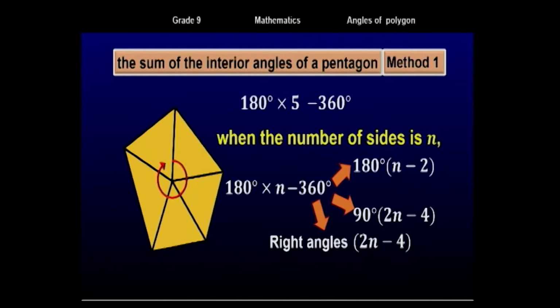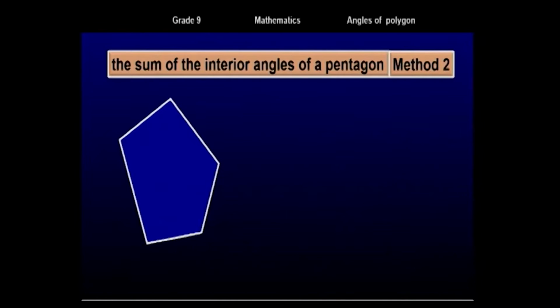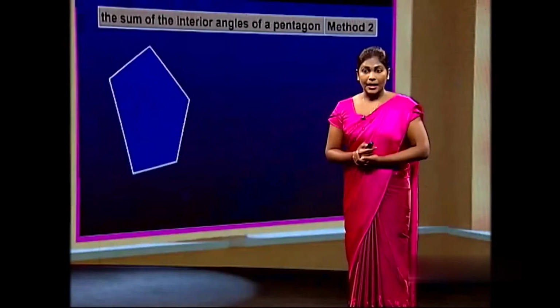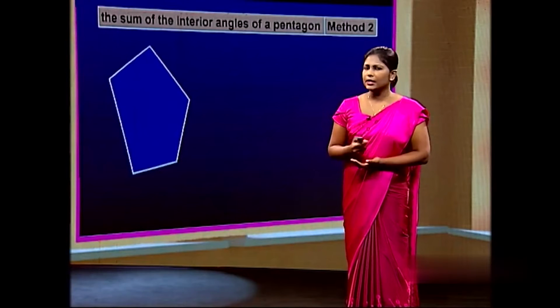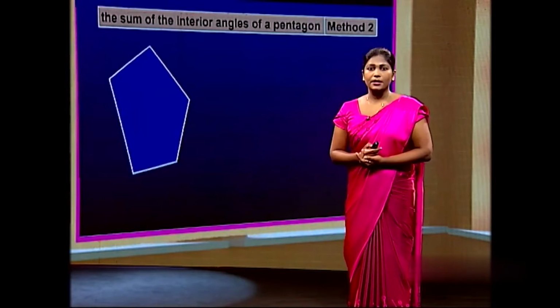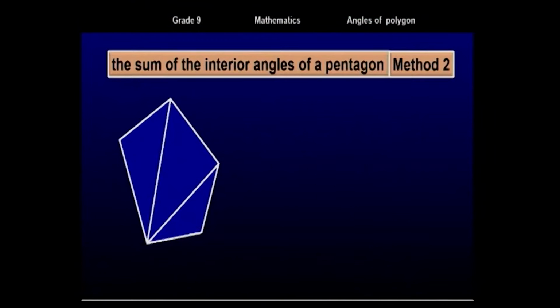There is another method. What is this? Look at the slide. There is a pentagon. Now I separate the pentagon into triangles again. But here I use a vertex and join lines from this vertex.